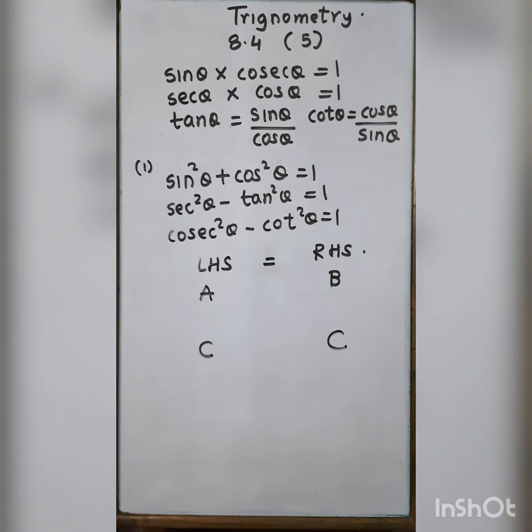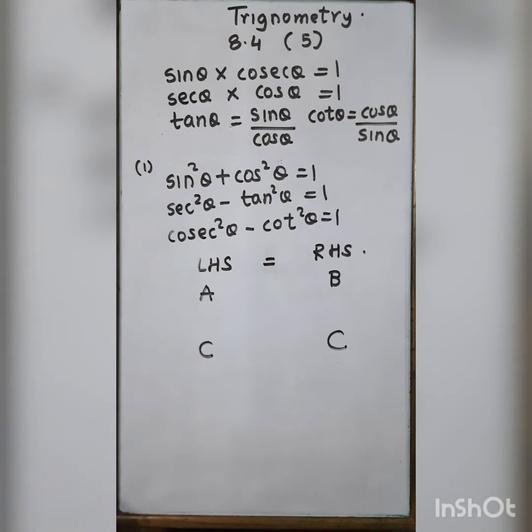As far as possible, if you know, you should use identities. But in any sum, if you feel it is a difficult sum and you are not able to do it, you can convert every ratio into sin theta and cos theta. If sin theta is given, you write it as sin theta. If cosec theta is given, you write it as 1 upon sin theta. If cos theta is given, you write it as cos theta.